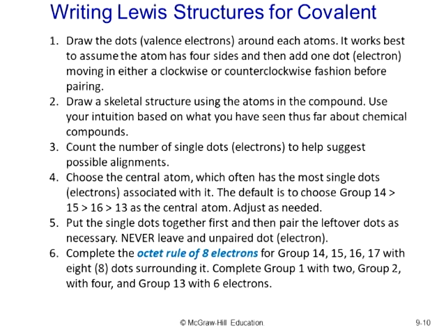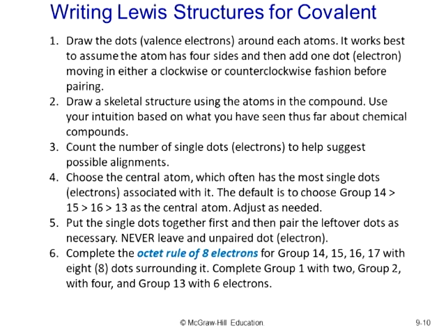Count the number of single dot electrons to help suggest possible alignments. So you start to move things around to see what makes some sense or starts to make some sense. The 4th thing you want to think about is choose the central atom, which is often the most single dotted structure. In other words, the one that has the most single dots tends to be the central atom.